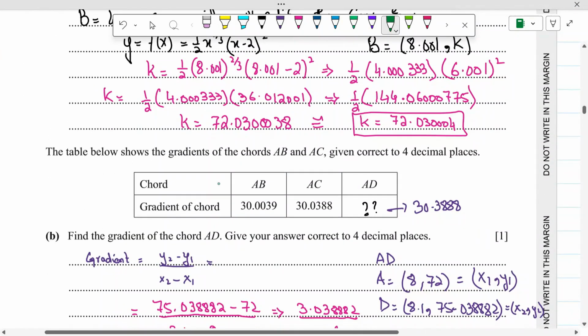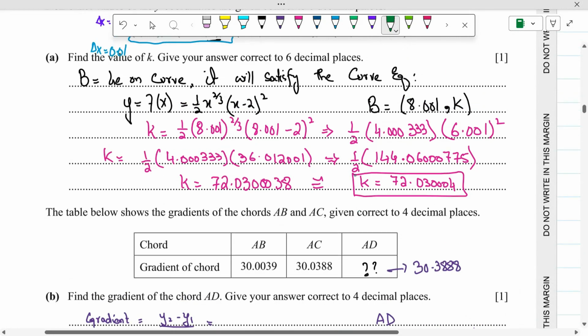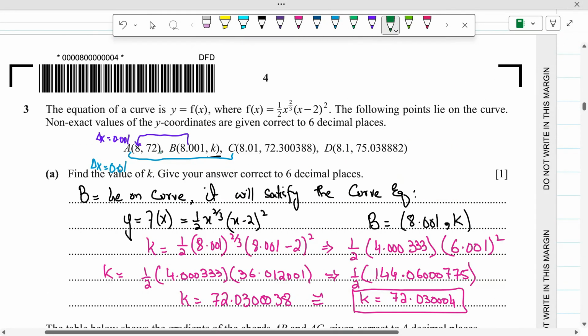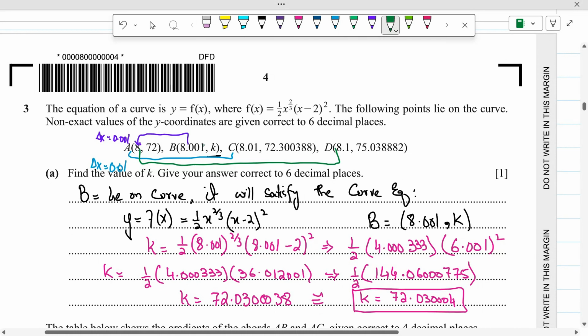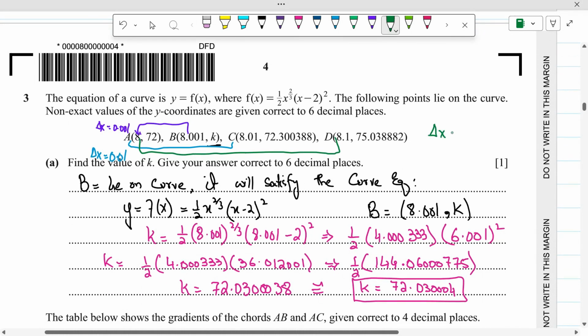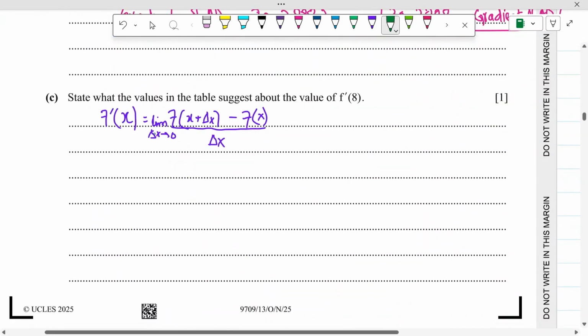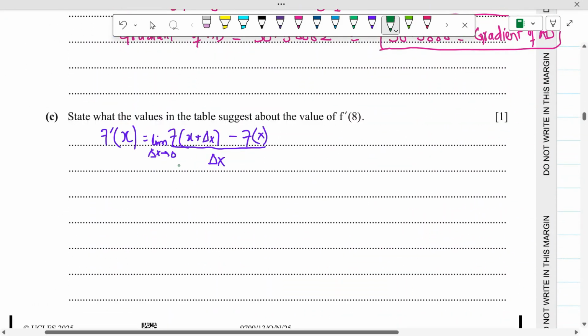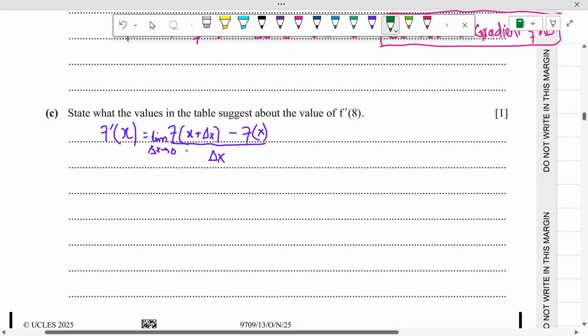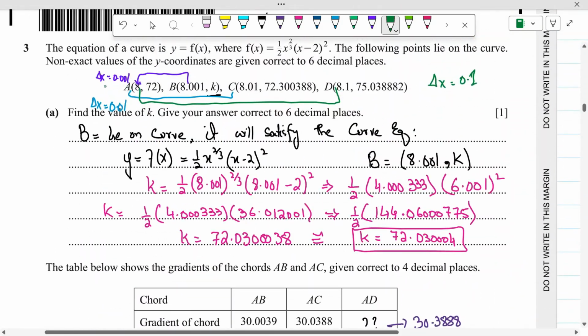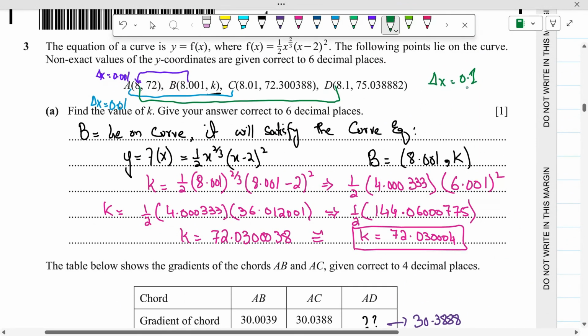And for the gradient of chord AD, A to D, delta x equals 8.1 minus 8, which is 0.1. So in a derivative, delta x should approach 0. In the case of AB, we have the minimum value, and in the case of AD, we have a greater value.